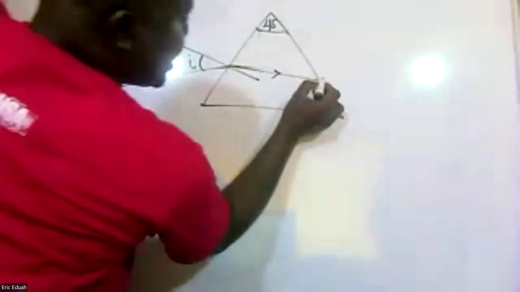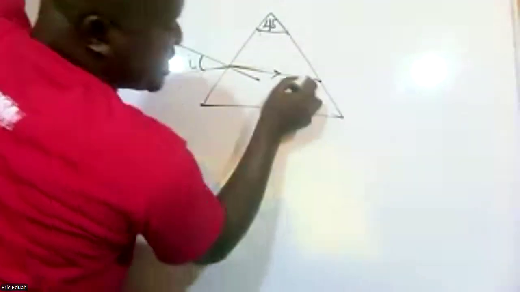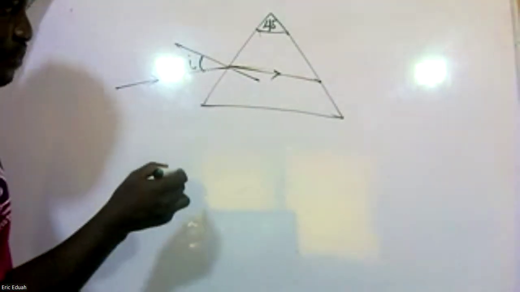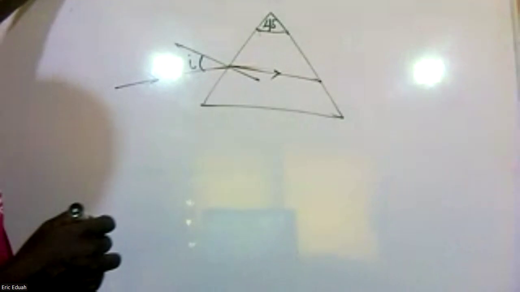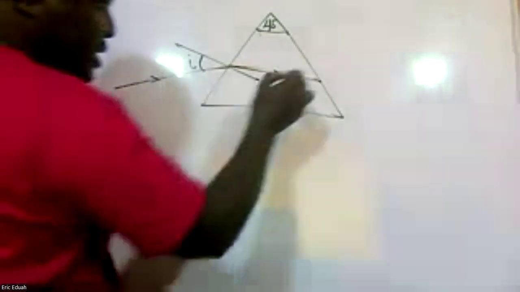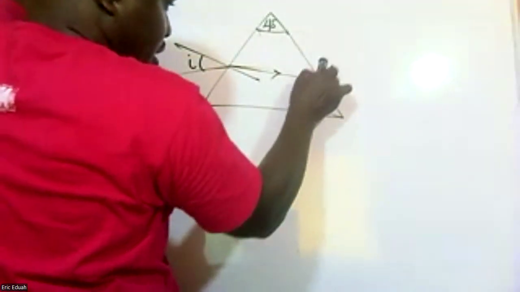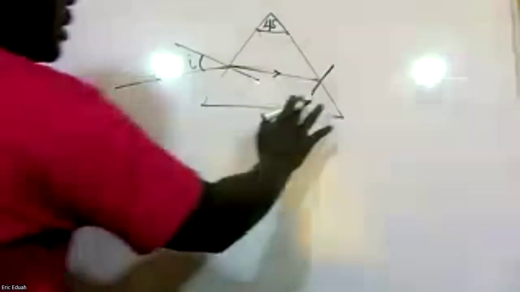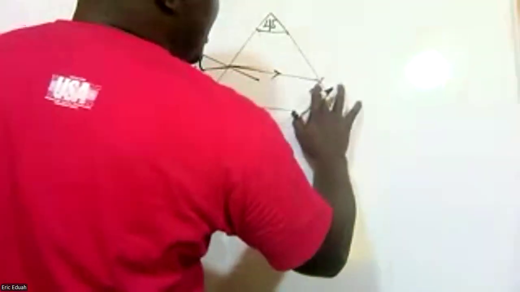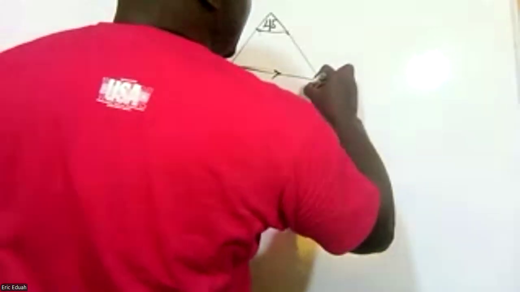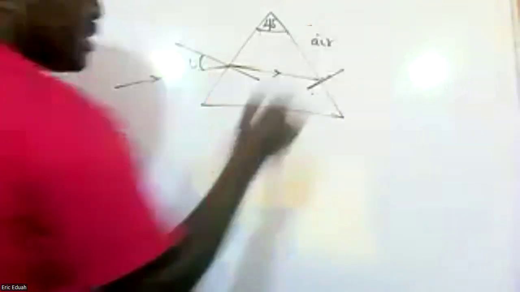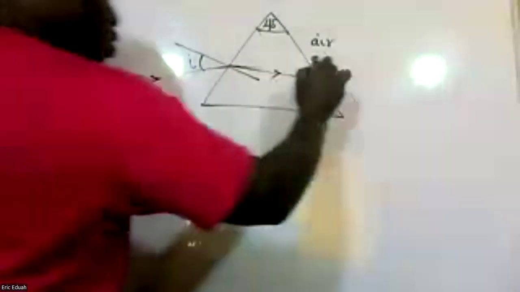We also know that for total internal reflection to occur, the angle of refraction within the less dense medium, here A, must be equal to 90. So that's the prerequisite.